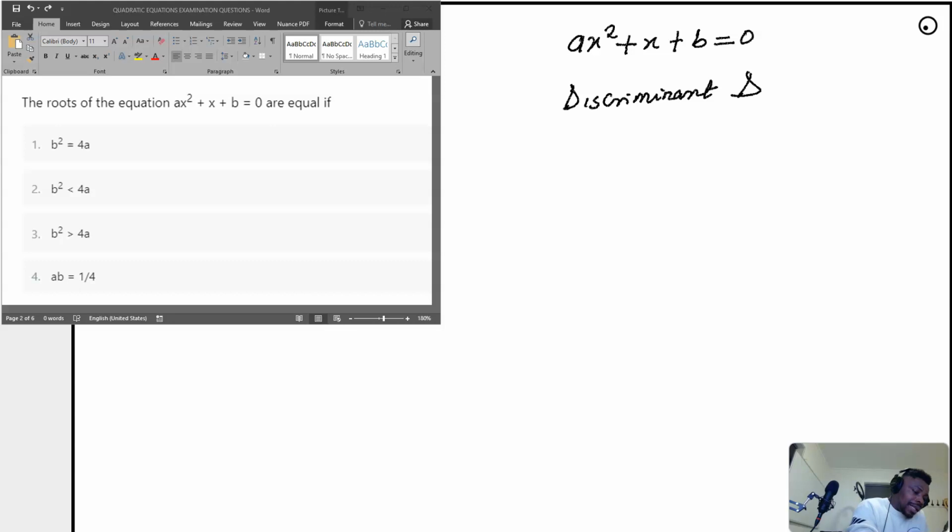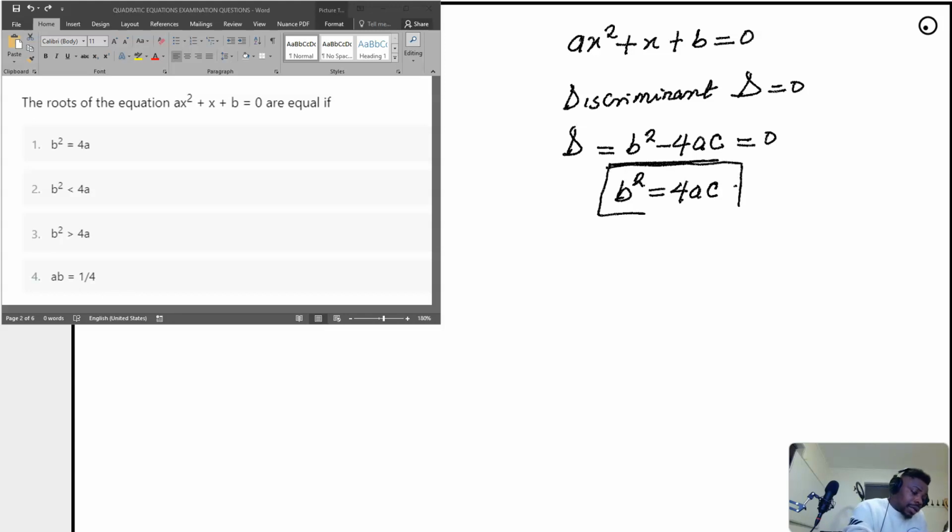So the discriminant d is equal to 0. And discriminant means b squared minus 4ac. And this is equal to 0. So b squared will be equal to 4ac. So 2 roots of a quadratic equation are equal when b squared is equal to 4ac.